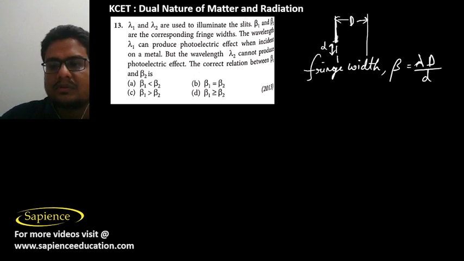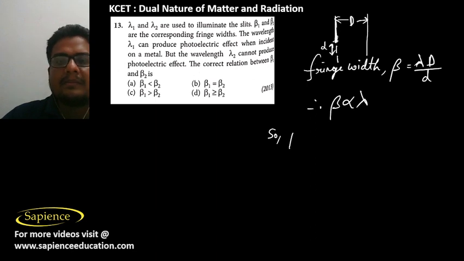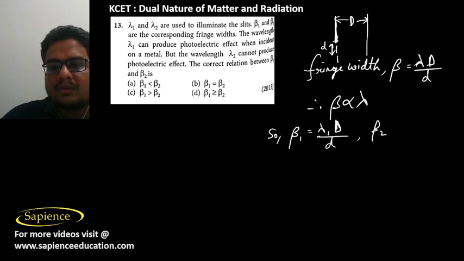So therefore the fringe width beta is proportional to the wavelength lambda. So now beta 1 is equal to lambda 1 D by d, and beta 2 is equal to lambda 2 D by d.